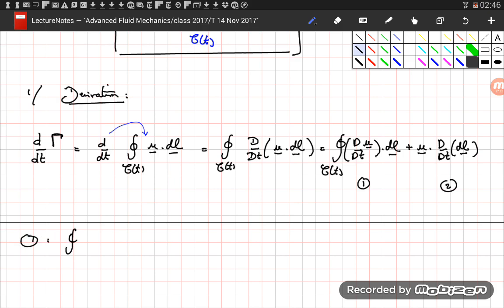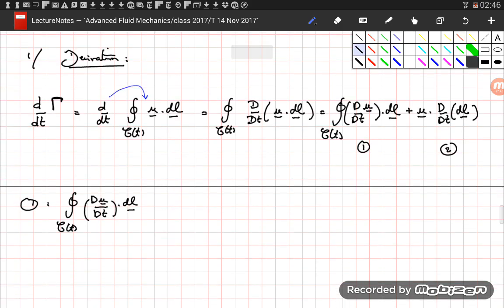So 1 is the integral along my material contour of the material derivative of the velocity field dot dl. Now we're just going to use the momentum equation, the Navier-Stokes equation, to express du dt.